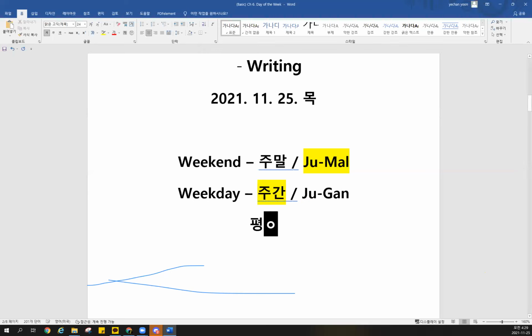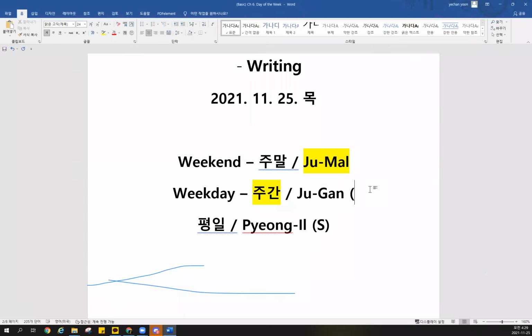The reason I like teaching you both is because 평일 is usually what we say out loud. We use it a lot. But 주간 is what we usually use when writing.